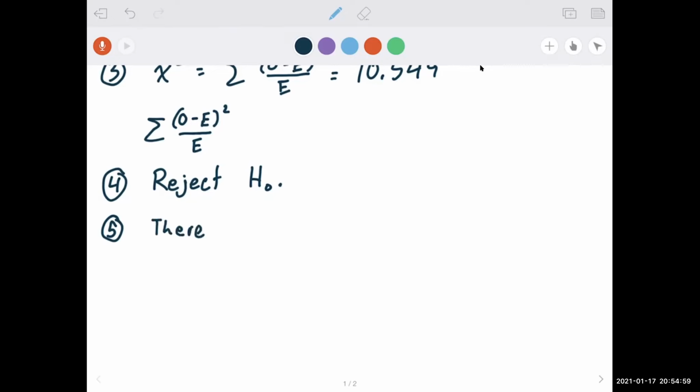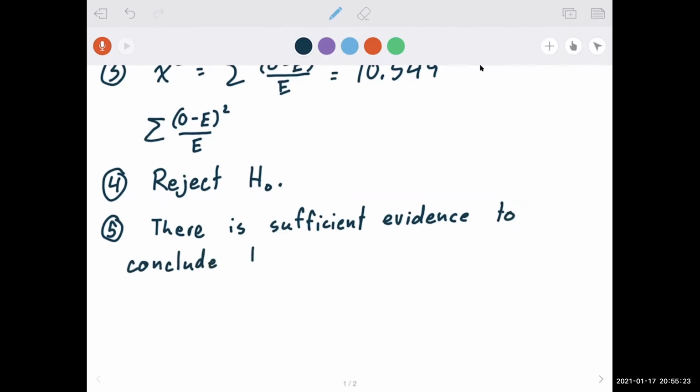And it'll take me just a while to write that. There is sufficient evidence to conclude there is a difference between what we observed and what we had expected.